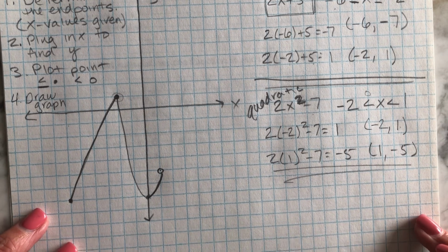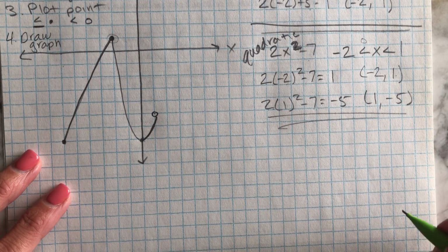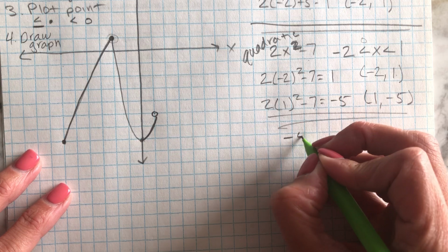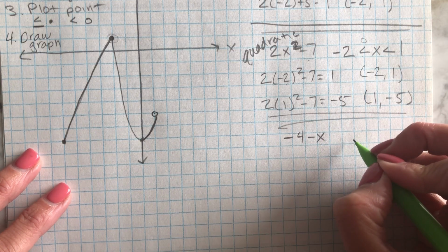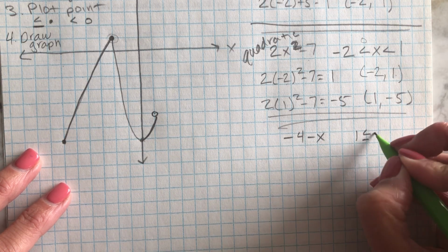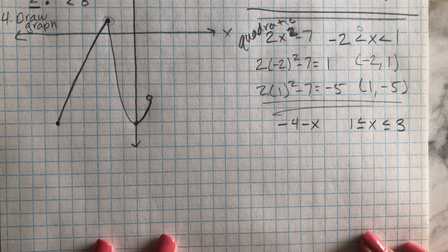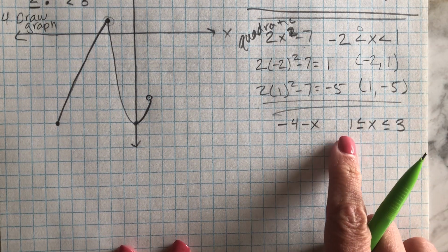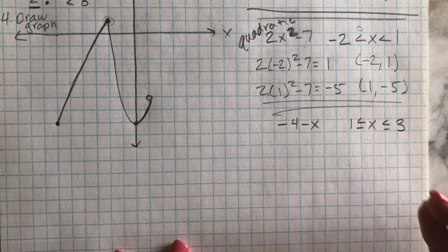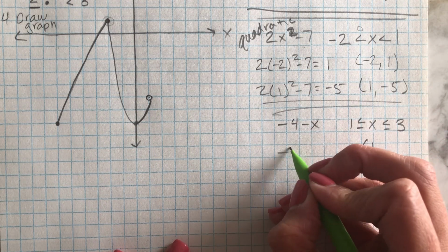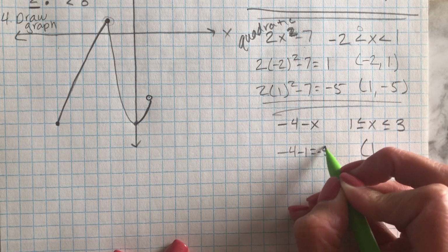All right, last piece, -4 minus x, and we're going from 1 to 3. All right, so we're going to take the first x value, 1, plug it in. -4 minus 1 is -5.